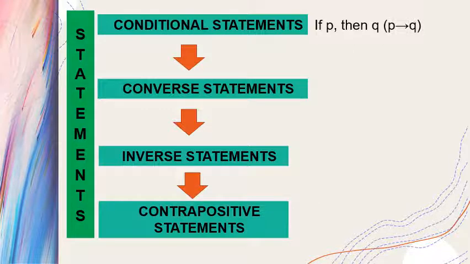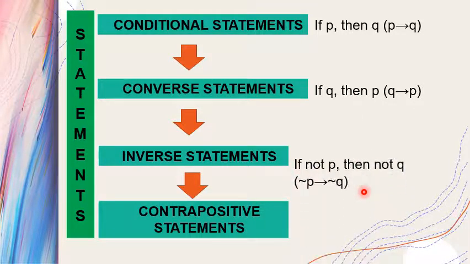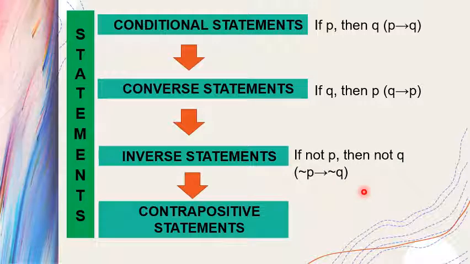So that's if P then Q. Then if Q, then P is the converse statement. For the inverse statement, there is a negative, the word or symbol of not.